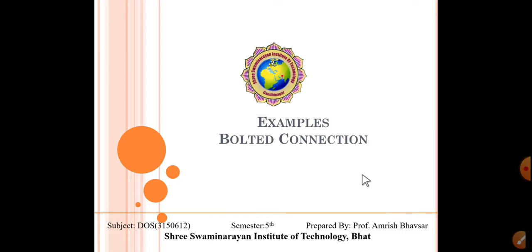In my previous lecture we had studied about the bolted connections. For understanding of this bolted connection we have taken one simple example: how to connect the two plates with the help of bolts.